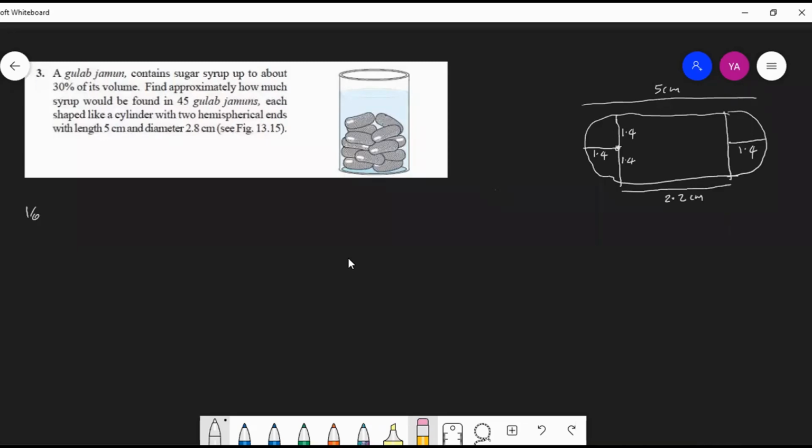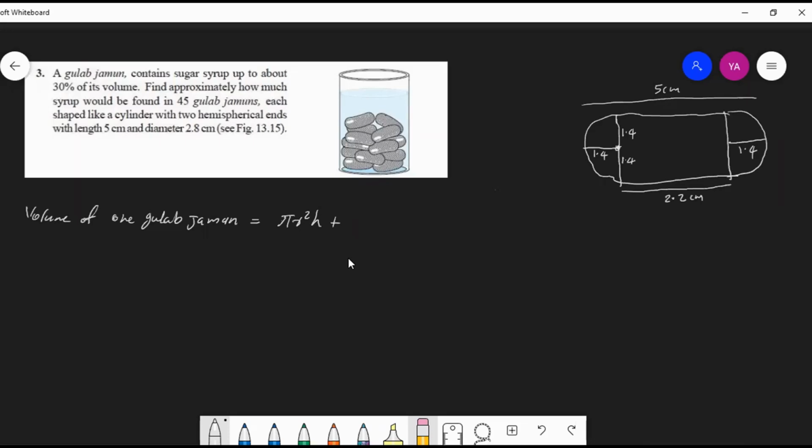Now we can first find the volume of one gulab jamun. That will be equal to the volume of the cylinder plus the volume of the two hemispheres. So we can write pi r square h plus the volume of the hemisphere, whose formula is 2/3 pi r cube.